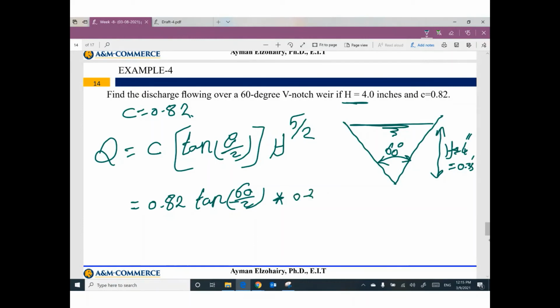So we have 0.33 feet to the power 5 divided by 2. I can figure out the discharge: tan 30 times 0.82 times 0.33 to the power 5/2. So this one will be 0.029 or 0.03 cubic feet per second.